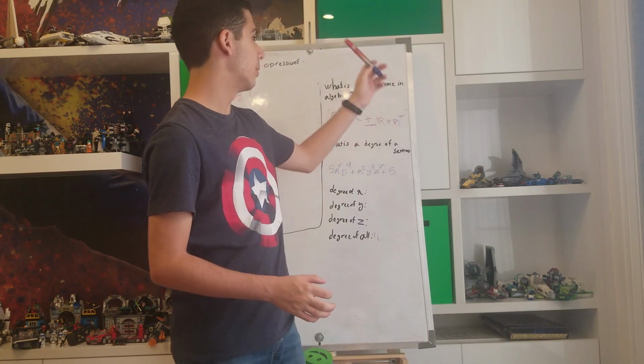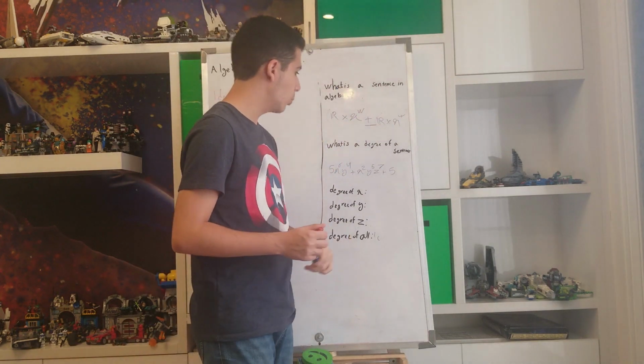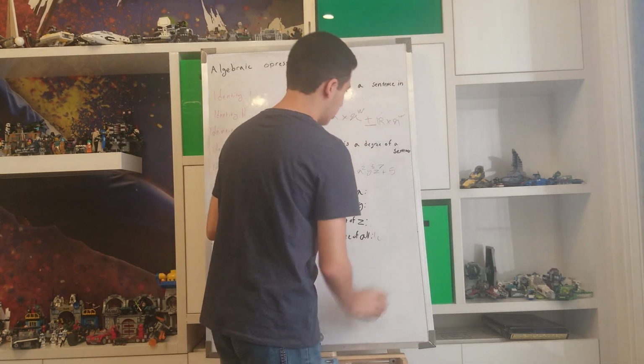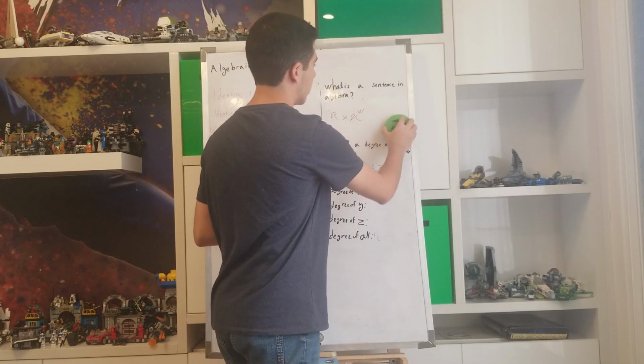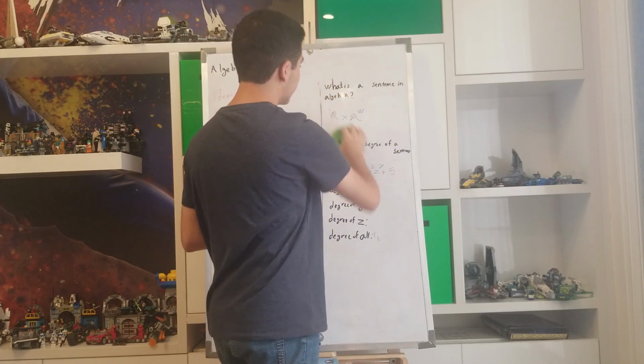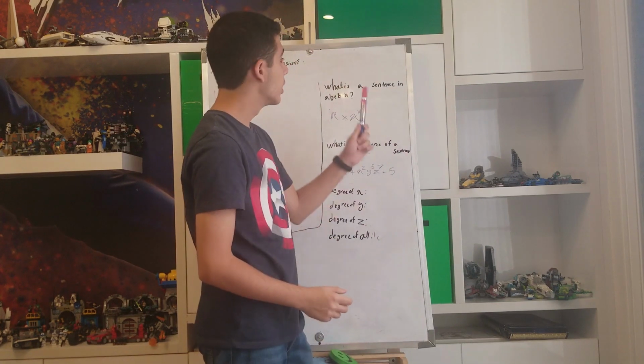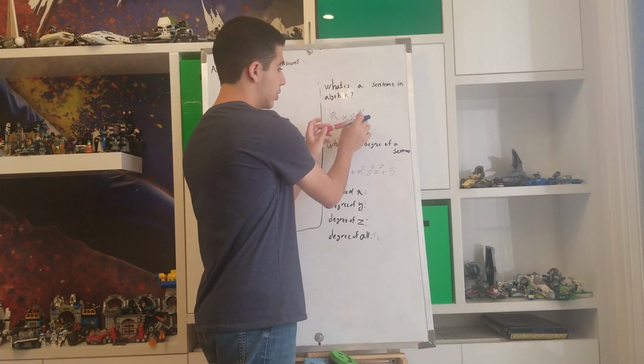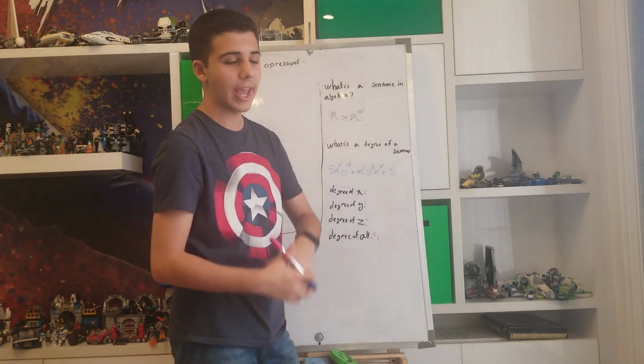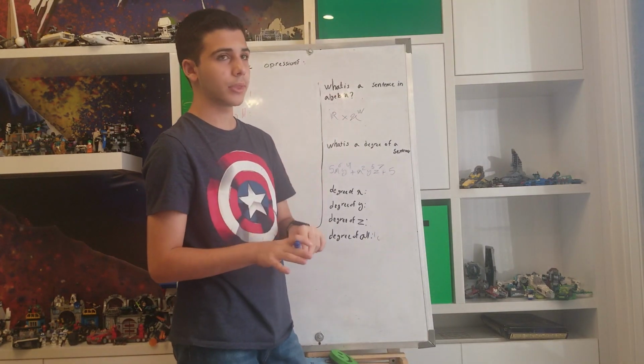But right now, let's talk about what are sentences in algebra. If you want to have a sentence in algebra, you need to know that first of all, x is our number. Any of our numbers are x.